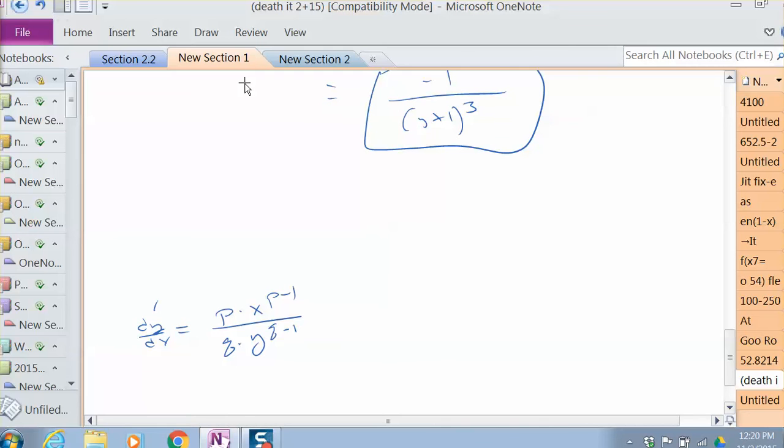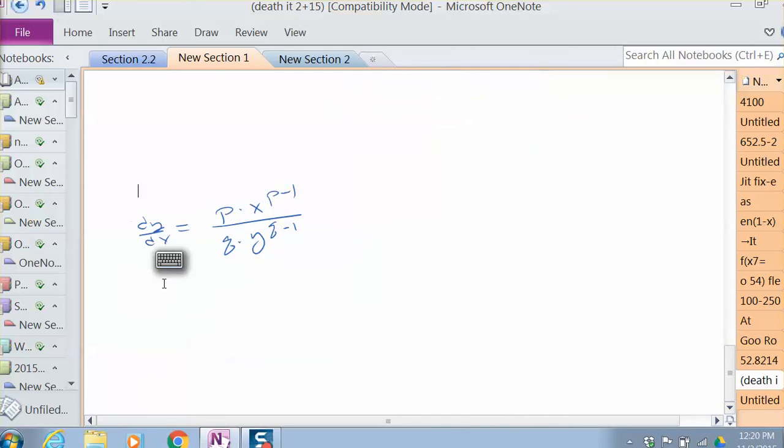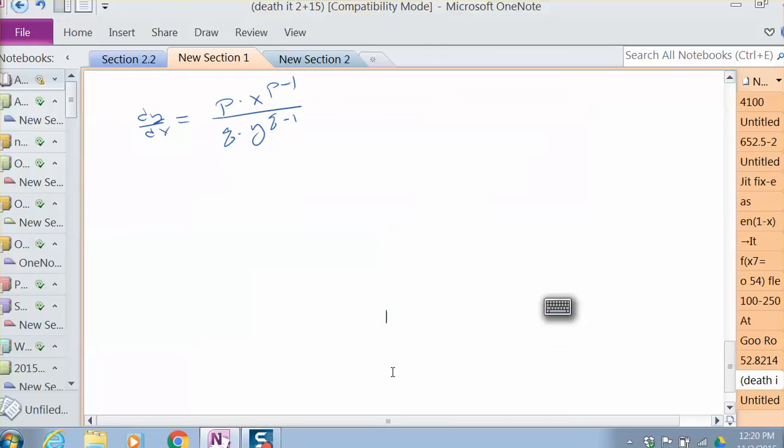So if I keep going at this, I can do a little bit of rearranging.